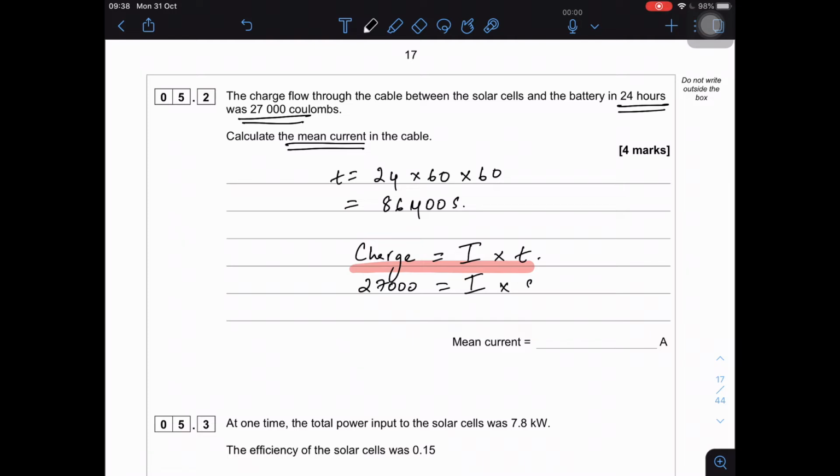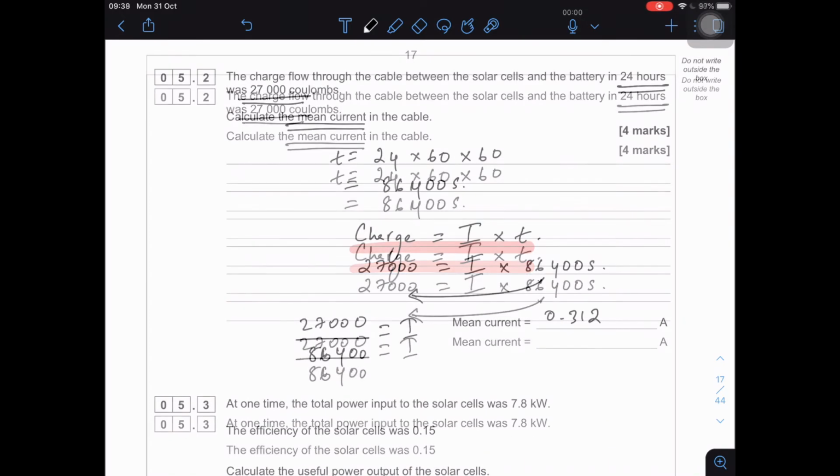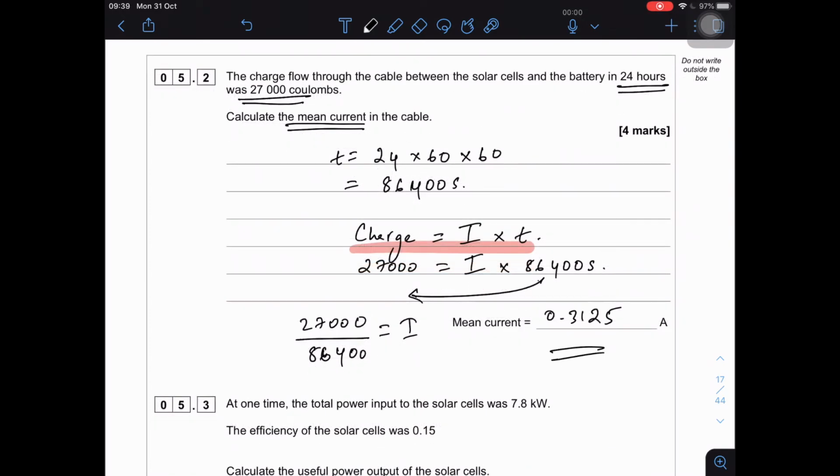T is 86400 seconds. So I equals, if it is multiplication, you need to bring it down. So it will be 27000 divided by 86400, which is I, 25 amperes. So this will be the answer.